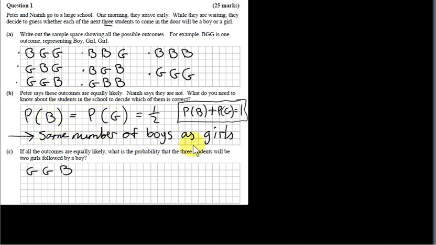We have equal numbers of boys and girls, and we don't have an imbalance in the probabilities of a boy or a girl entering the door. The chances are the same for this particular time that these students are counting, Peter and Neve.